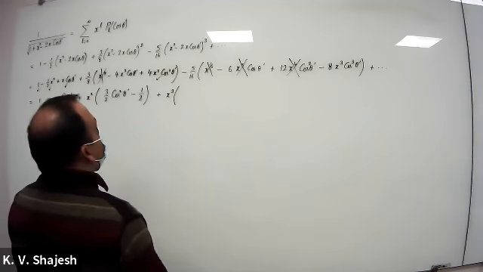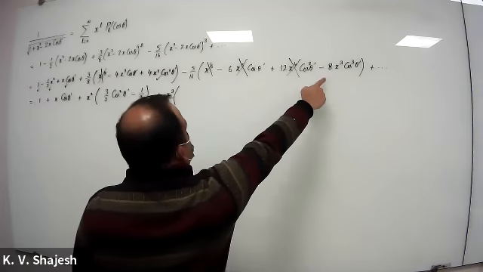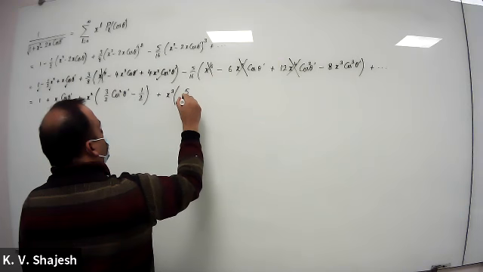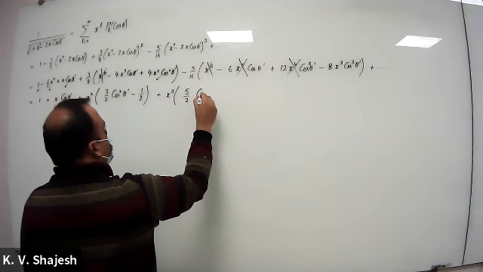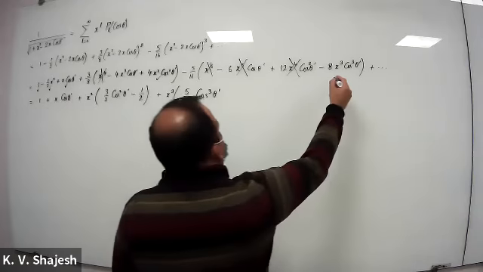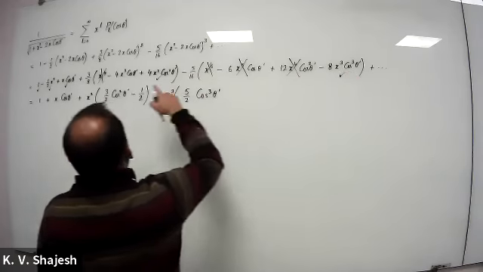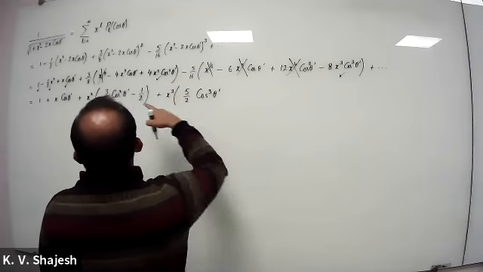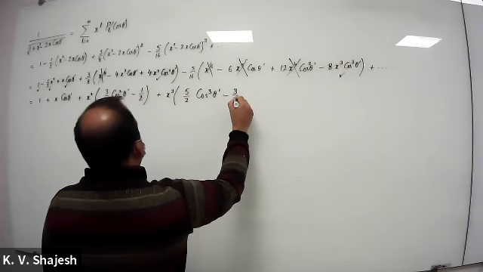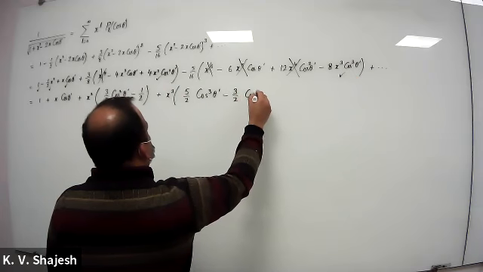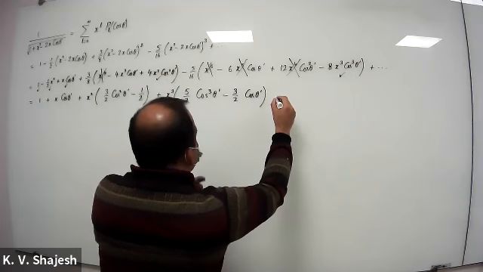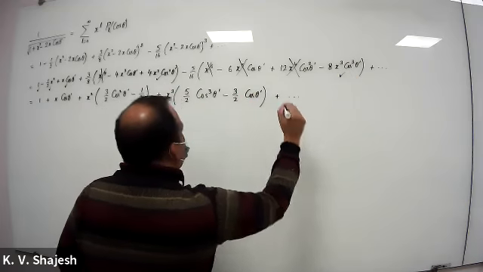X cubed, this is 5 by 2, plus 5 by 2 cosine cubed theta prime. So that's taken care of. And finally, this one, which is minus 3 by 2, comes with cosine theta prime, and so on.